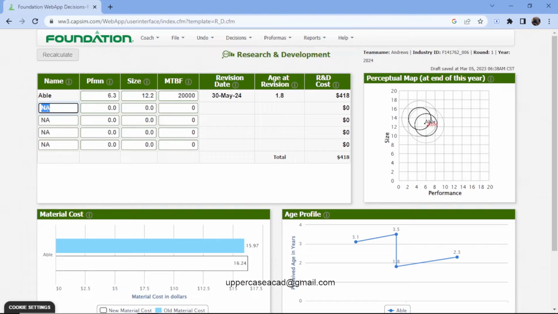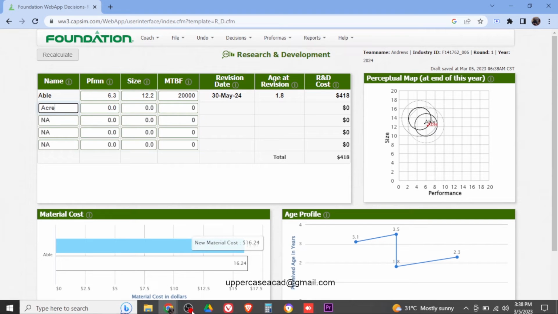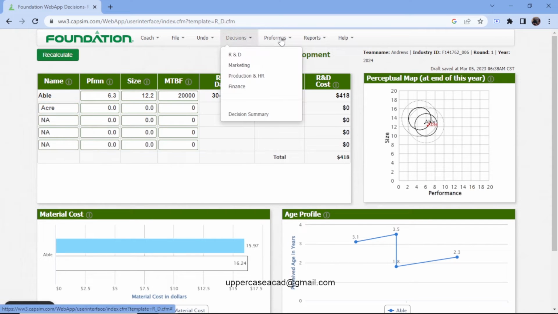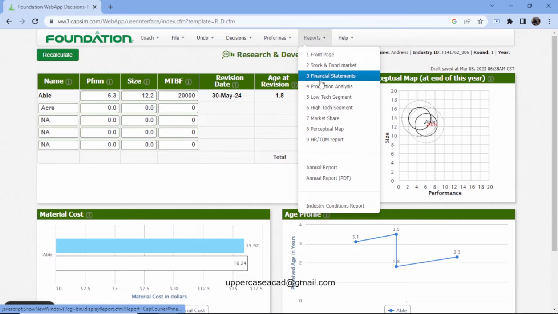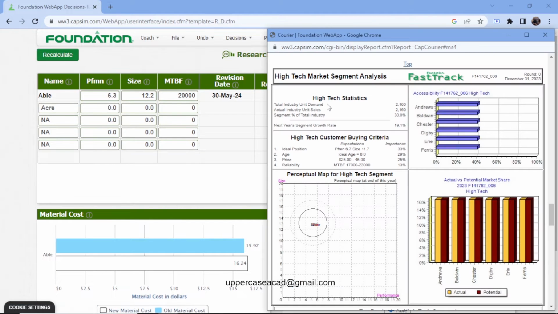Again, I'll come and introduce a new product. I want it to sell in the high-tech. Because I'm company Andrews, I'll give it a name whose first letter is the same as my company, so I'll say it is Eka. This is the Eka product. If I check the reports in the high-tech, they want a product of 6.7 and 11.7.